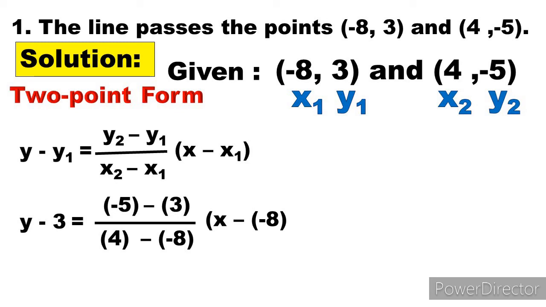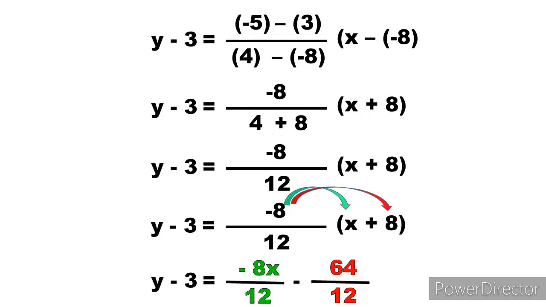Okay, so next step is to simplify. Okay, now please observe. Now we have y minus 3 equals negative 5 minus 3 is negative 8, all over 4 minus negative 8. Negative times negative 8 is positive 8.